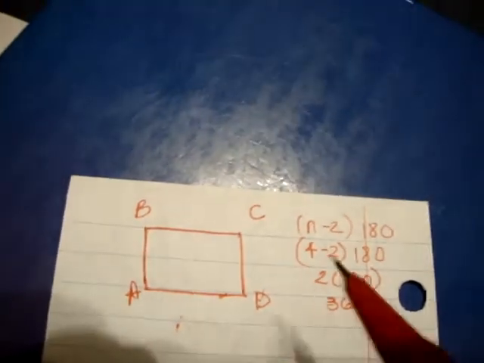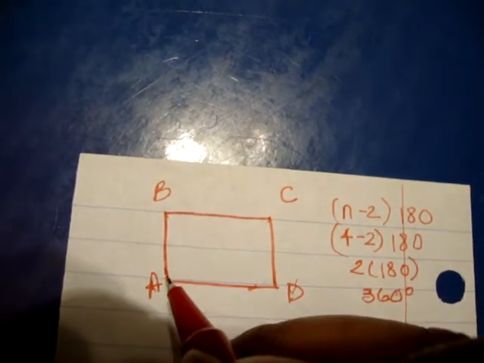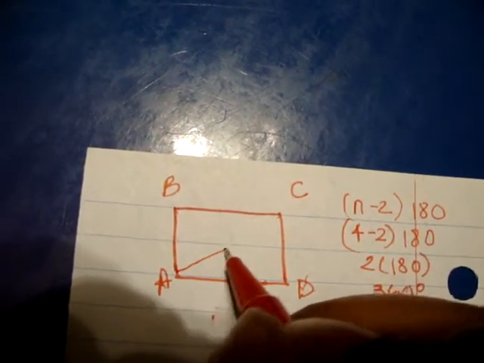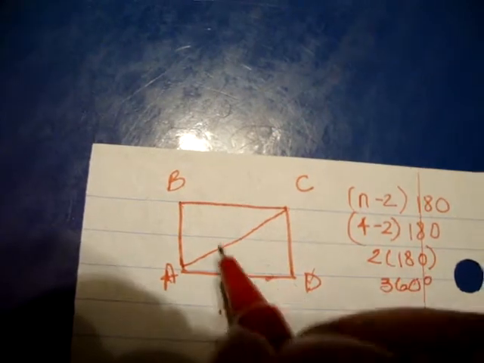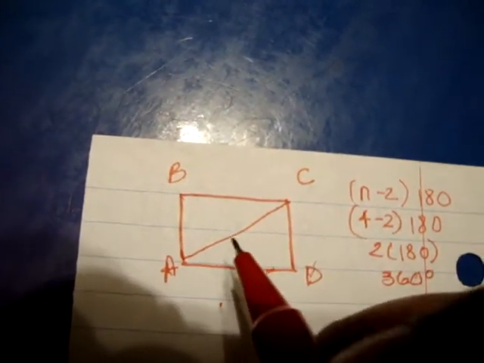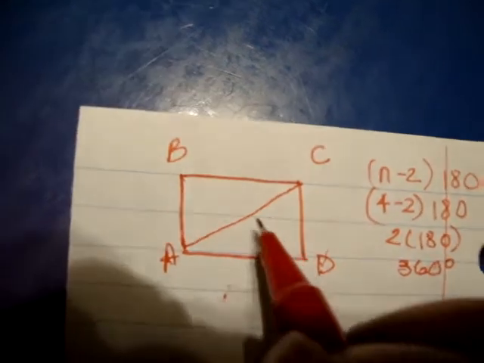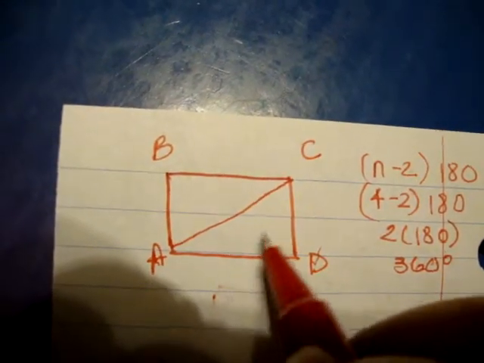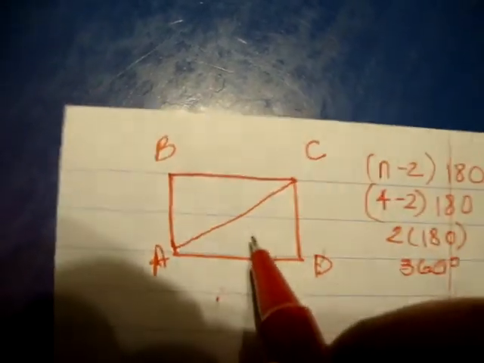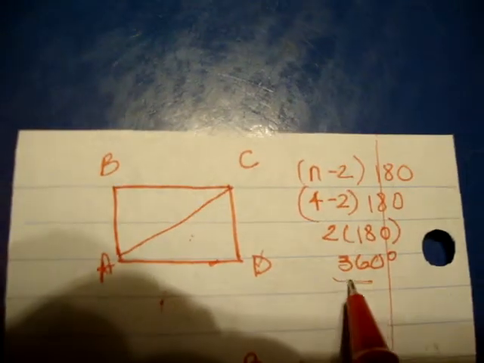Just in case you still don't understand why that's true, if I were to take this same quadrilateral and divide it into 2 triangles, each of you know that the angles inside one triangle add up to 180, and the other triangle is 180 as well. So 180 plus 180 gives us the same 360.